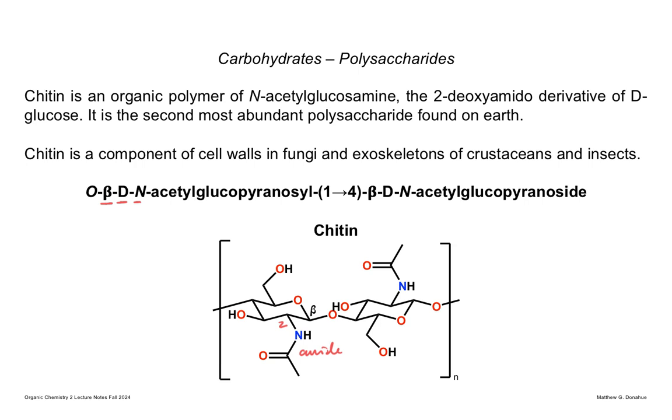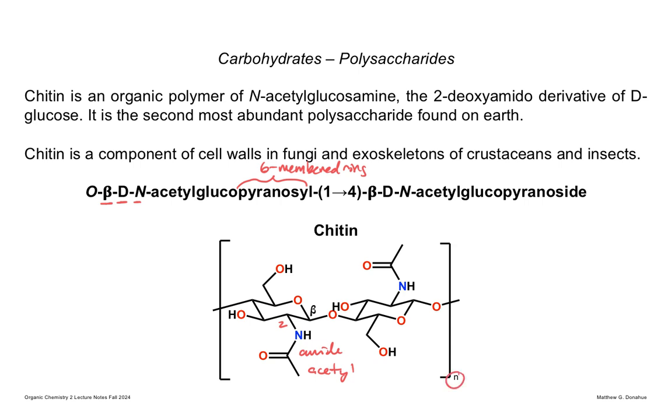Acetyl is that 2-carbon unit of the amide. Gluco means glucose. You'll see this nomenclature, pyranosyl, that means 6-membered ring. And then the 1 to 4 linkage. So that name tells you about the repeating unit in the polymer of chitin.